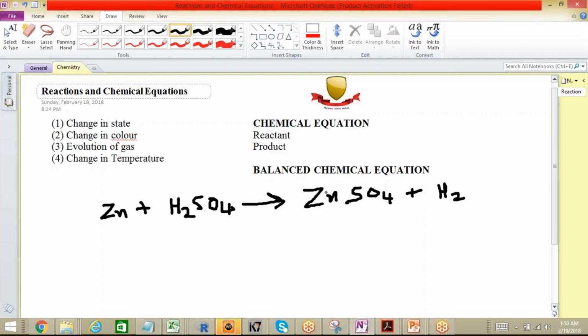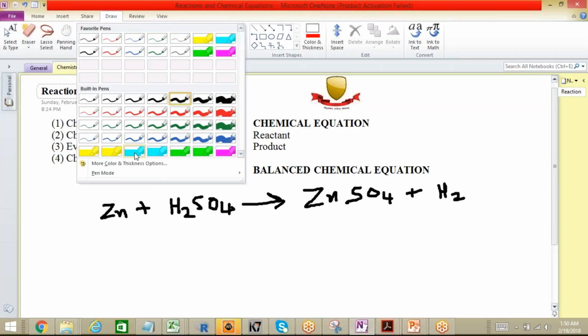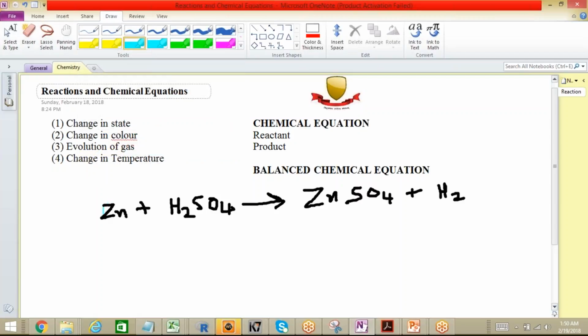Now, let's check how many atoms there are before the reaction and after the reaction. Let us highlight this, zinc first of all. Before the reaction, there was one atom of zinc, and even after the reaction we have only one atom of zinc. That means zinc is completely balanced here. Now let's talk about hydrogen.